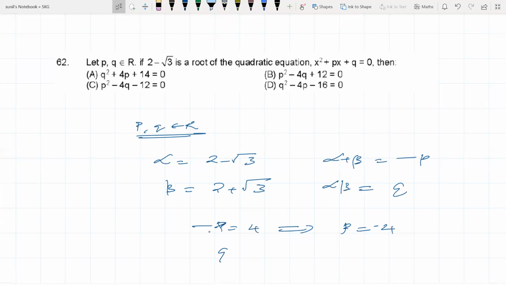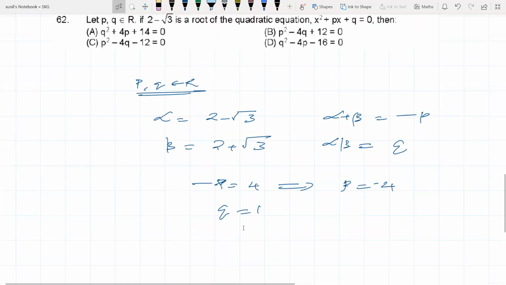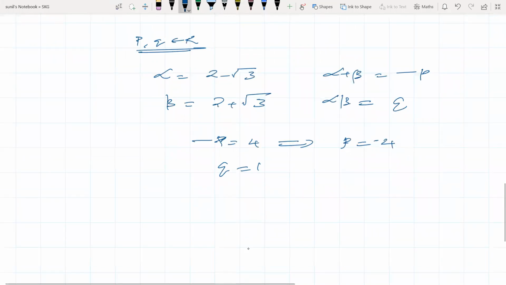Again, the product of the roots, q, is 4 minus 3, this is 1. So p equal to minus 4 and q equal to 1. We want to check with the options. So p square minus 4q is 16 minus 4, that is equal to 12.